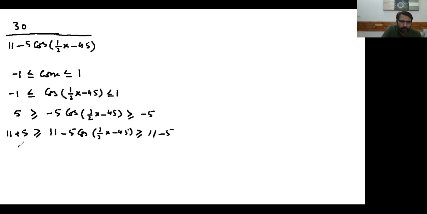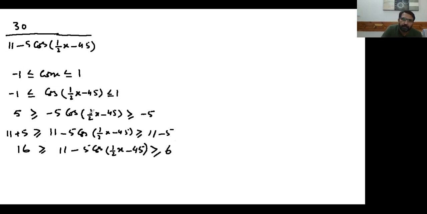Let's simplify this. This is going to be 16, and 11 minus 5 cos half x minus 45 is greater than or equal to 6.